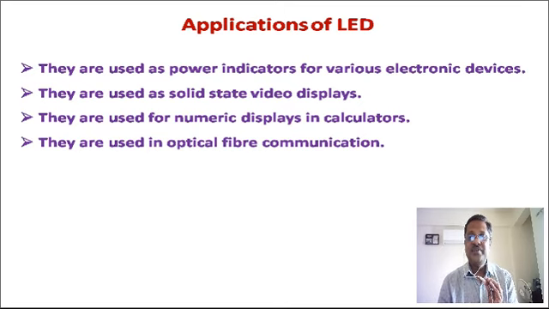The light is transferred from one place to another place through the optical fiber. In this way, the signal is transferred from one place to another place in optical fiber communication by using the light emitted from a light emitting diode. So these are the important applications of light emitting diode.